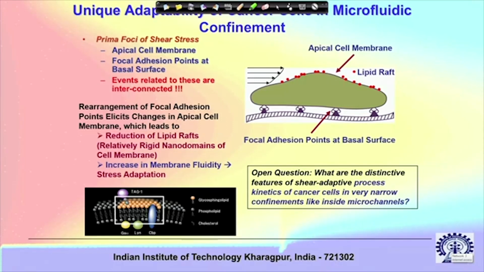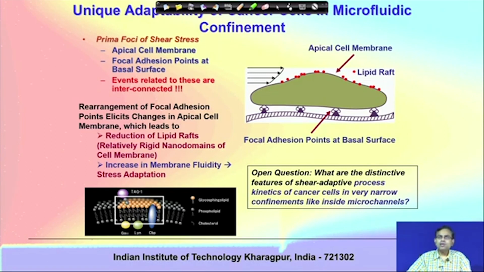When there is a flow on the cell, first, because of the stress in the surroundings, the legs of the cell are disrupted or disturbed. These legs are called focal adhesion points.